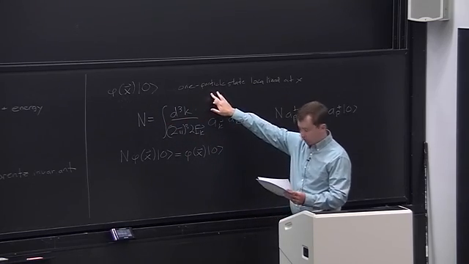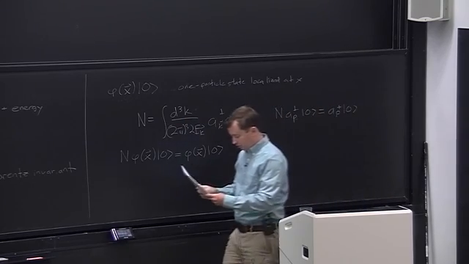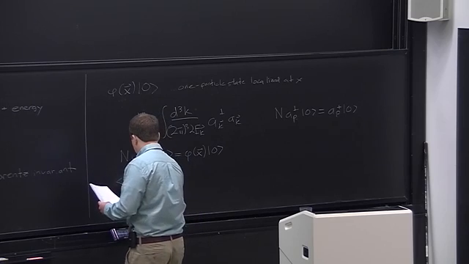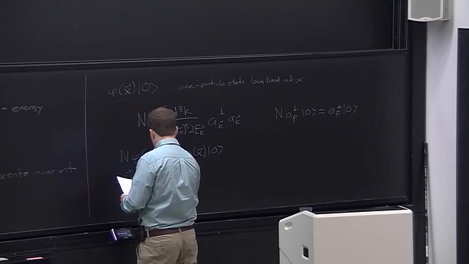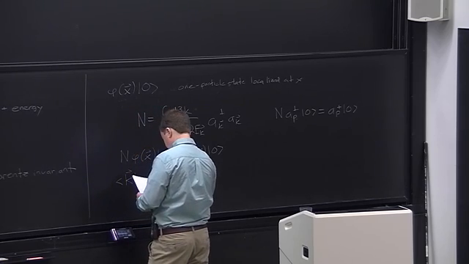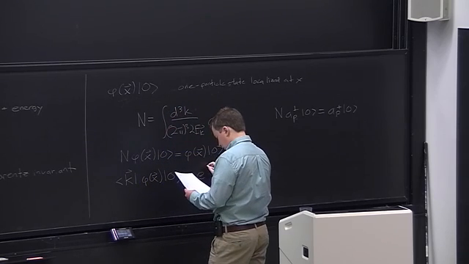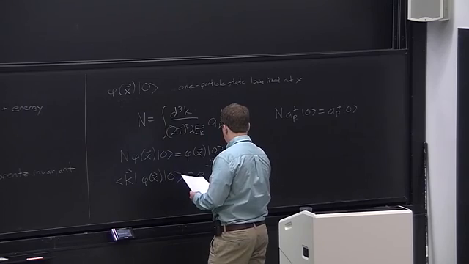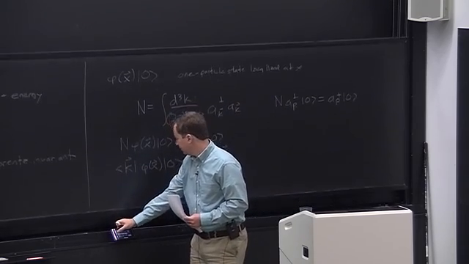That's definitely true. And in what sense is it localized in x? It's localized in x in the sense that if we compute the overlap of k with phi(x) on 0, we'll get e to the minus i k dot x. This is a computation you'll also do in tutorial.